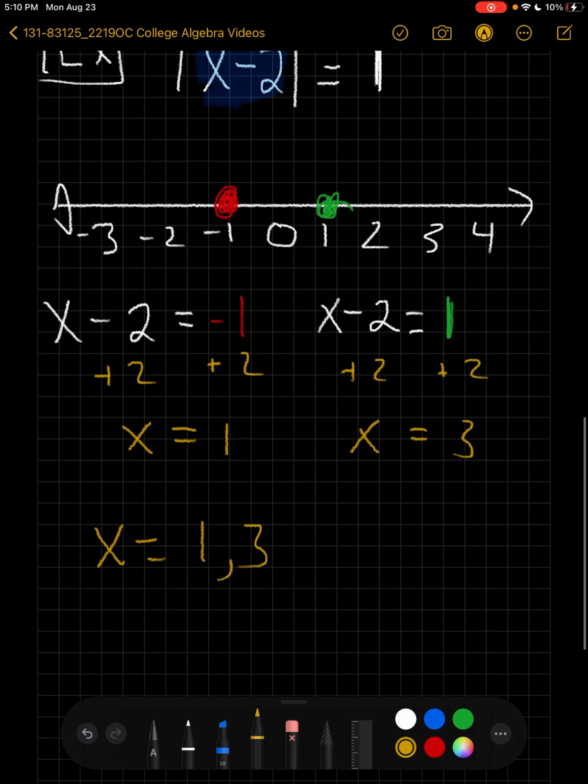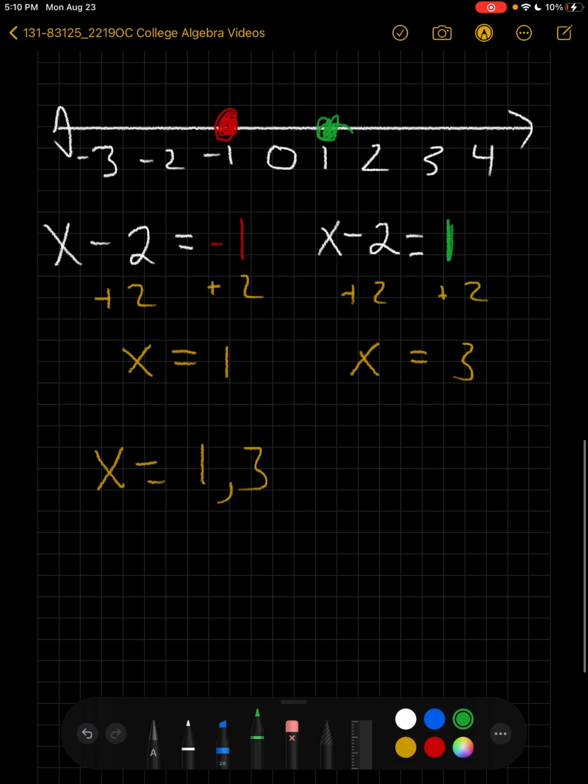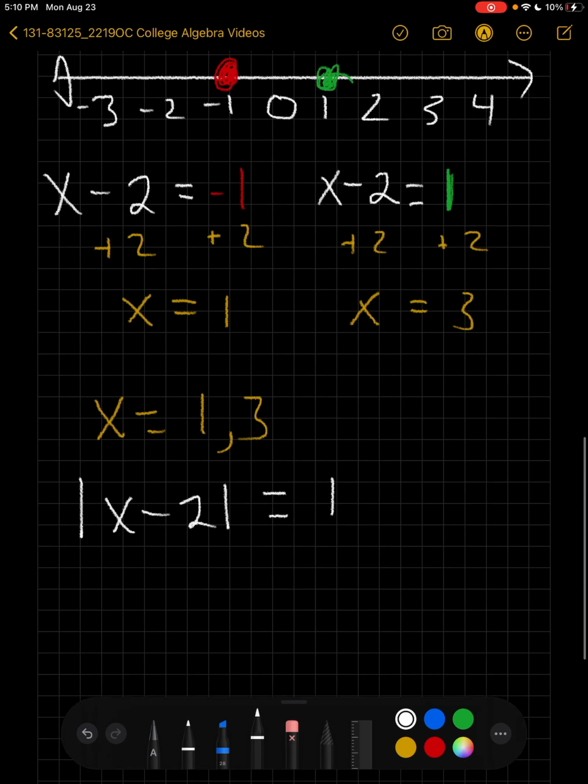X could be equal to 1 or 3. And if you check those by plugging them into our original equation, the absolute value of x minus 2 is equal to 1.